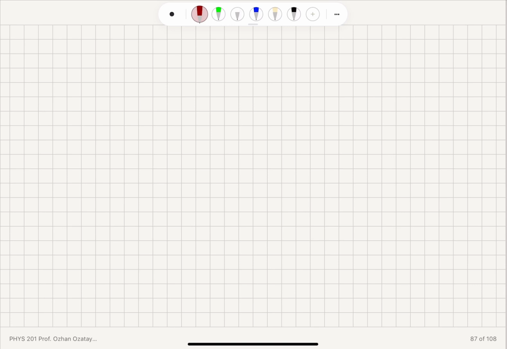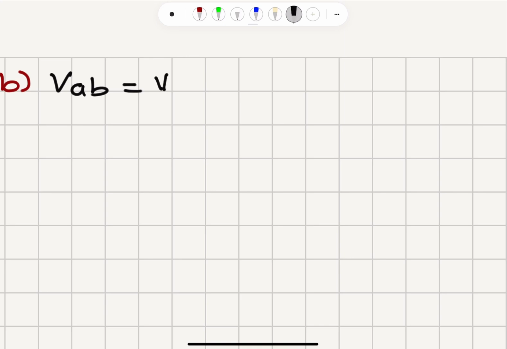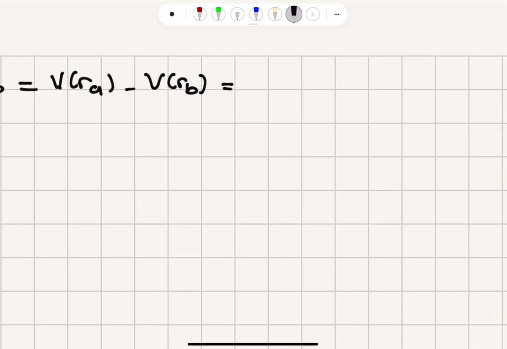In part B, potential AB, which is potential at R sub A minus the potential at R sub B, is the potential at R sub A.